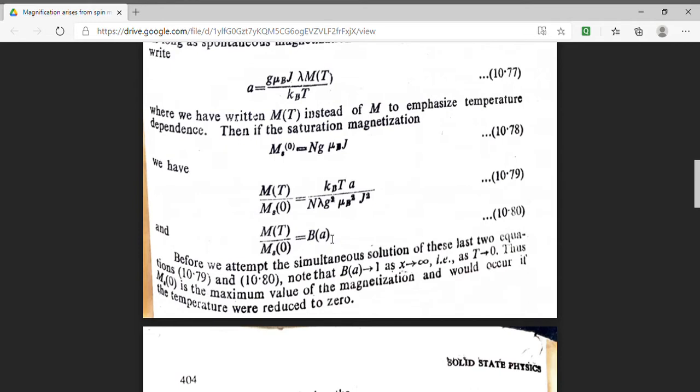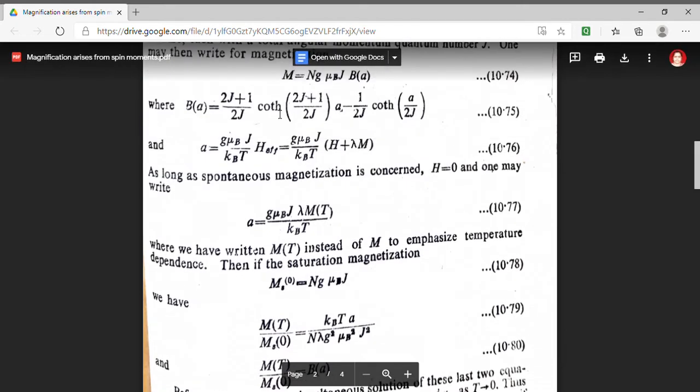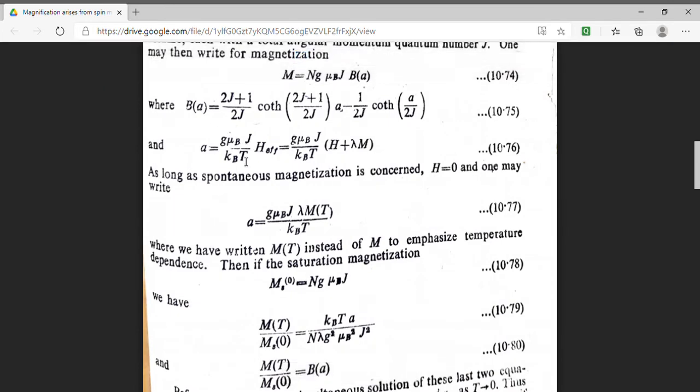Here Ba is the Brillouin function, and in this expression kB is the Boltzmann constant, T is temperature, and the variable a is defined as a equal to g mu B J upon kBT.